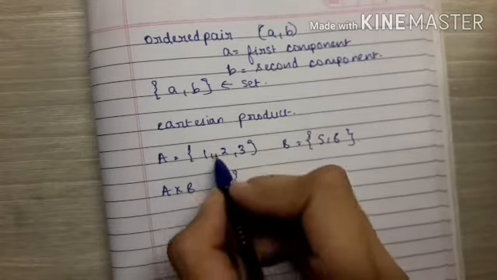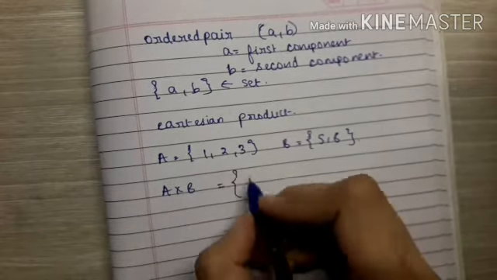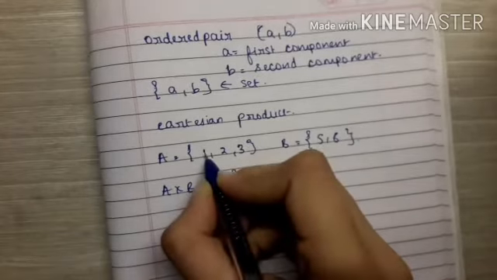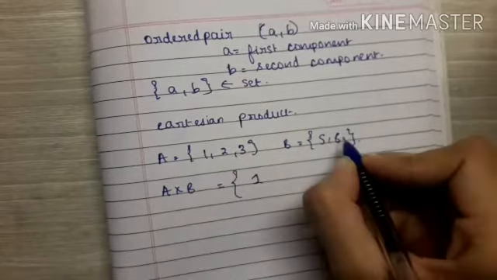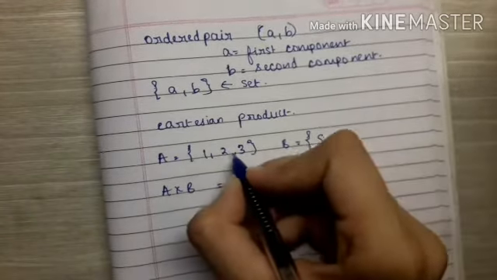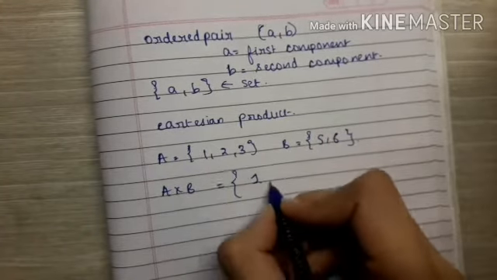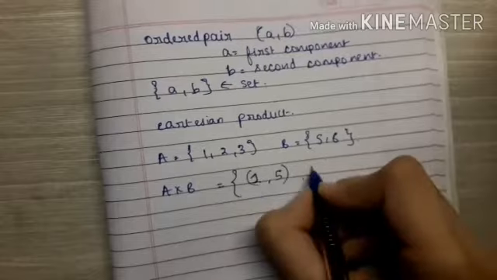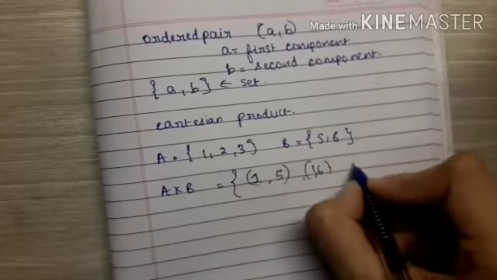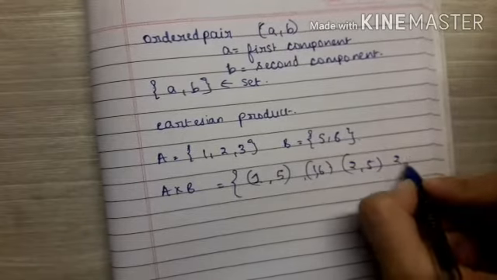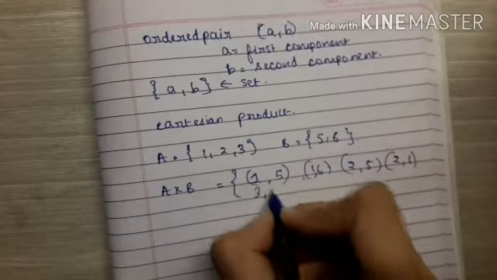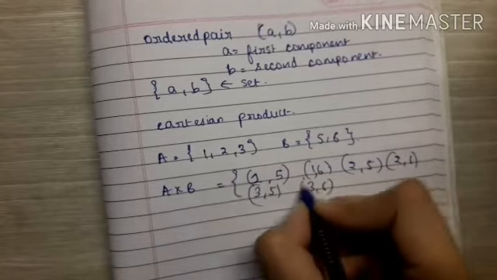We would start from A because we have A cross B, and the ordered pairs would be pairing the first element to both the elements of B, the second element to both the elements, and the third element to both the elements. So (1, 5), (1, 6), (2, 5), (2, 6), (3, 5) and (3, 6).